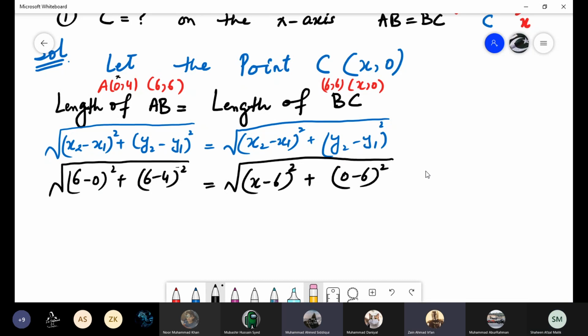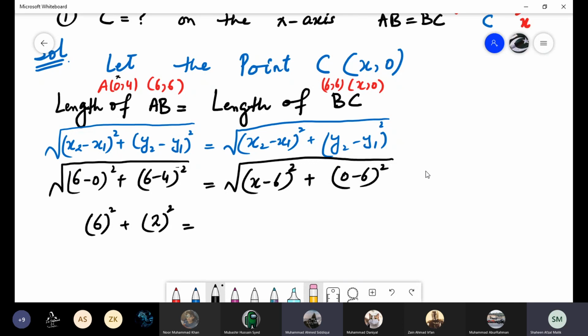Very good. By taking the square, we can directly remove it because both sides have the square root, so we can cancel. So 6 minus 0 will be 6 only, and 6 minus 4 will be 2.